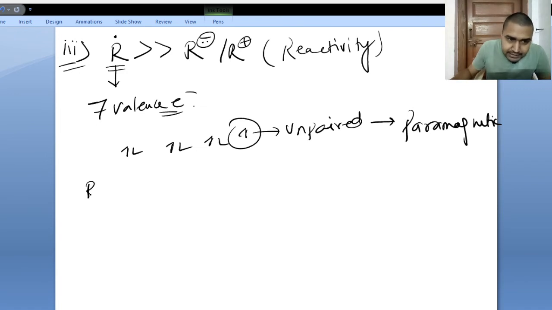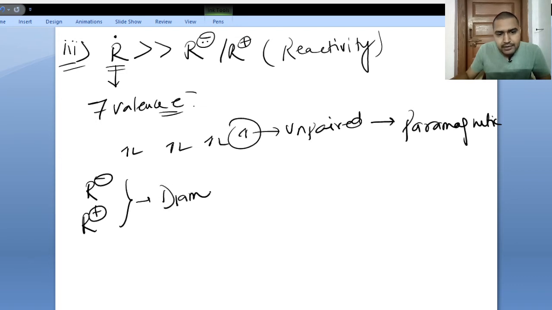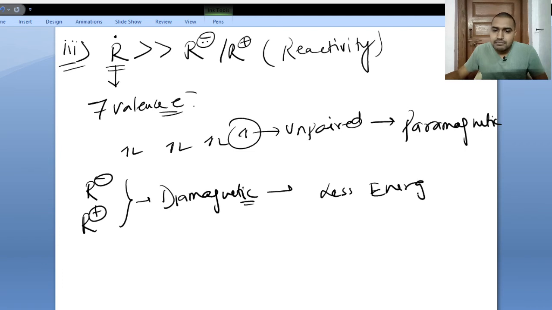So carbanion and carbocations are diamagnetic, so they have less energy. Less energy means less reactive, right? So I hope you understand this.